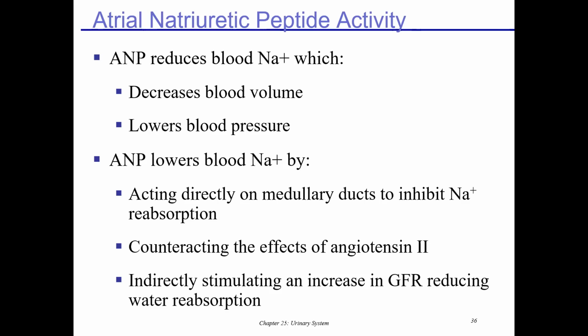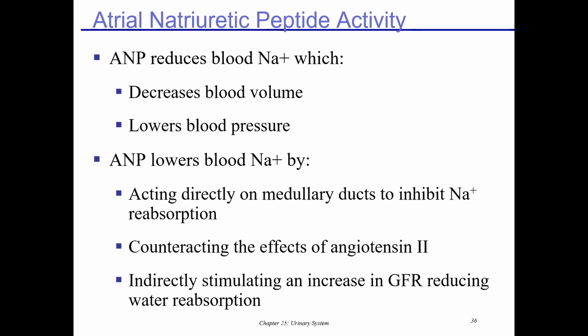ANP works against angiotensin II. Angiotensin II is a vasoconstrictor, raises blood pressure. We can counteract that by lowering the blood volume. We get rid of the sodium, we get rid of the water. And at the same time, our filtration rate goes up. So we're filtering our kidneys better, we're getting rid of more sodium, we're getting rid of more water at that point.